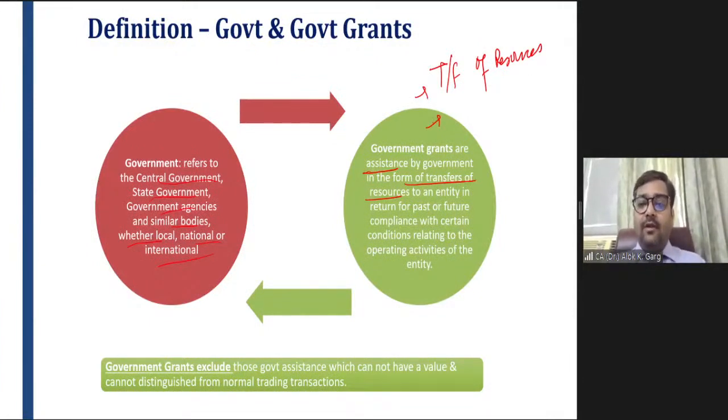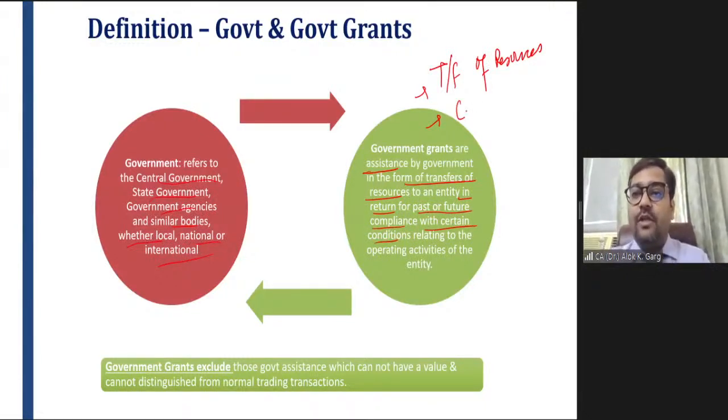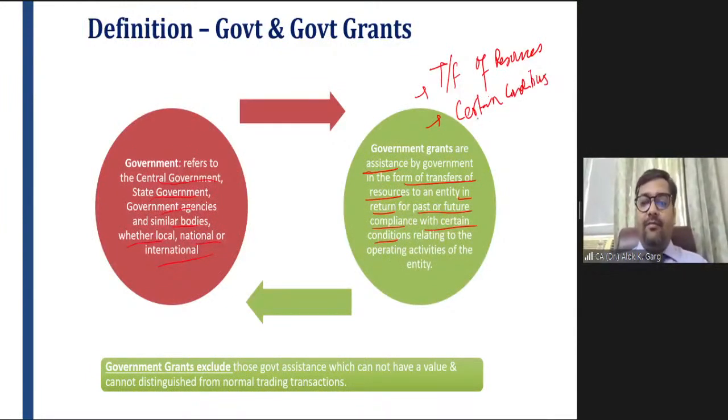But why will government transfer the resources to one entity and not to everyone? In return for past or future compliance with certain conditions. Of course, the entity has to fulfill certain conditions. For example, if the hospital will treat all the COVID patients, in that case whatever expenses are there have to be borne by the government. So what is the condition?